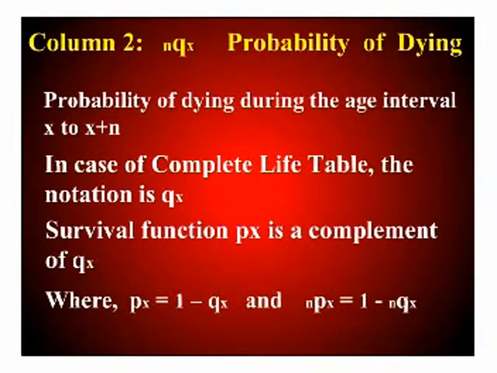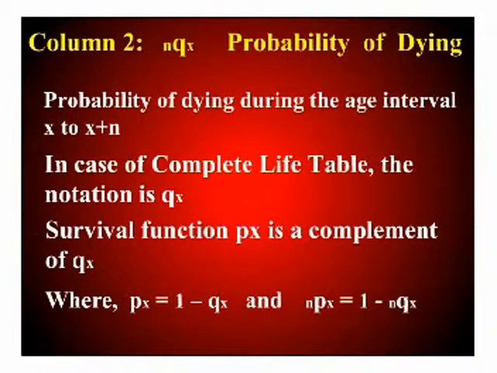Column 2 is nqx values, that is the probability of dying before reaching the age x plus n for a person who is of exact age x. In the case of complete life table, the notation is qx.